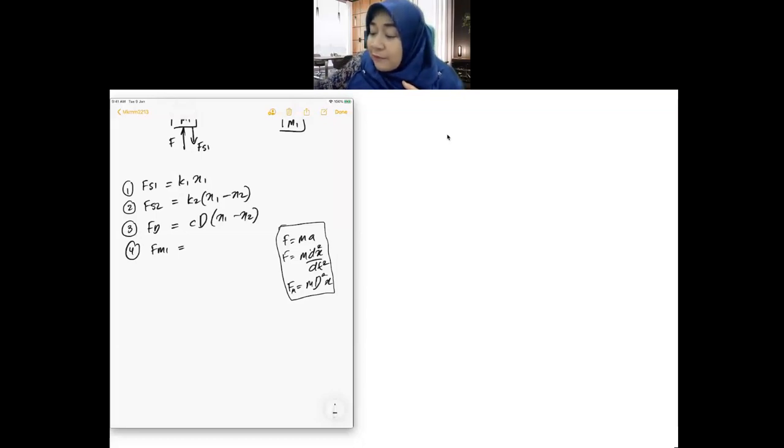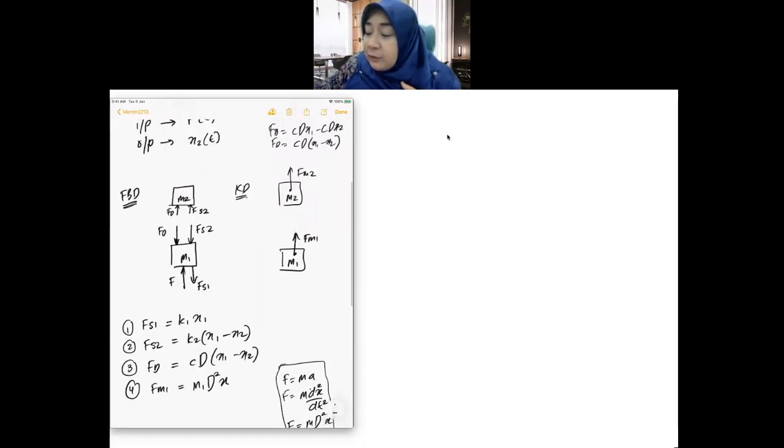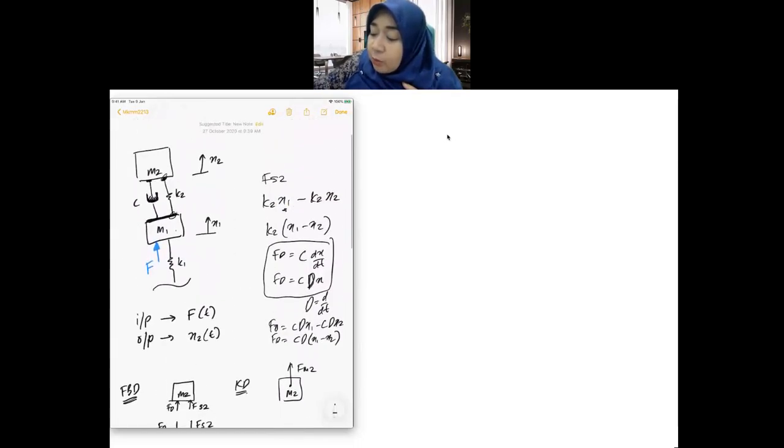So in case of FM1 is going to be mass 1 multiplied by d operator squared multiplied by x, which is displacement. If you look at M1, it is actually affected by displacement x1, and M2 is affected by displacement x2.